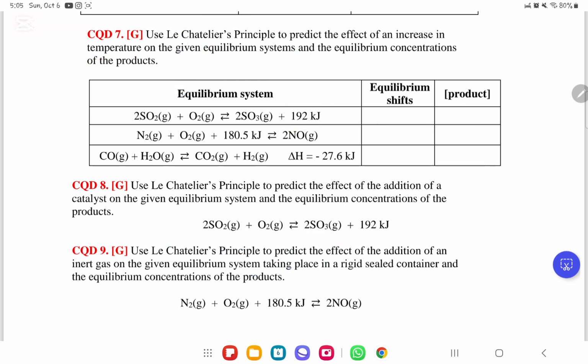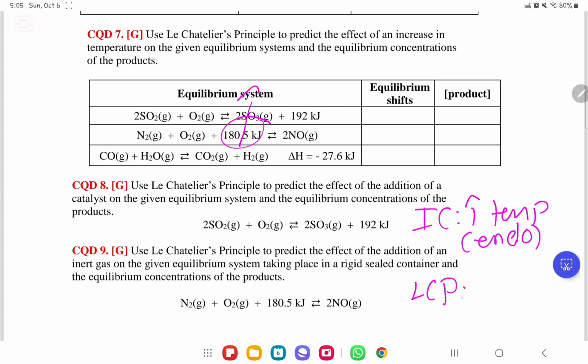For the second one, we have our heat in the reactant, so it is endothermic. We're going to increase the temperature of the endothermic, so our imposed change is increasing temperature of endothermic. According to Le Chatelier's principle, there will be a partial counteraction.